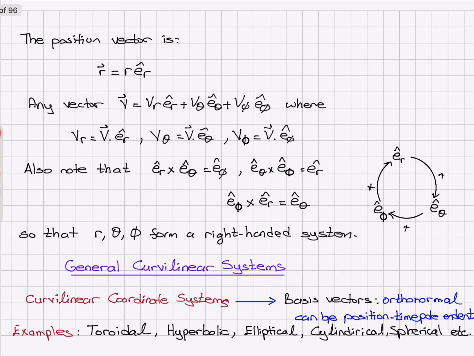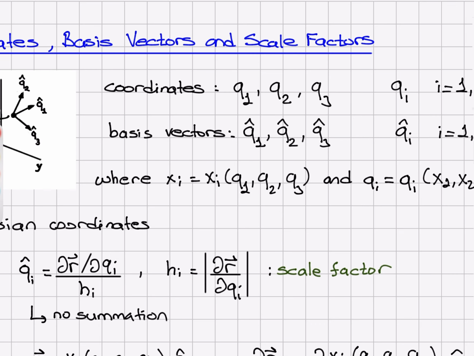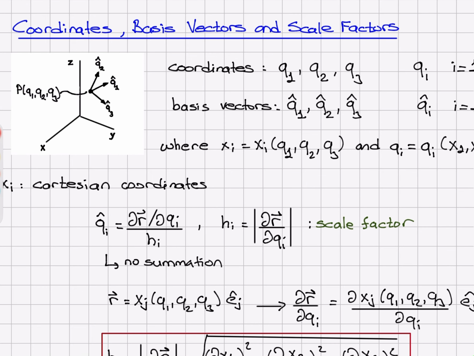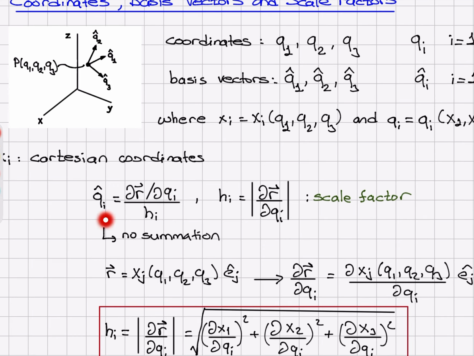Okay, so we talked about general curvilinear systems, other examples, toroidal, hyperbolic, elliptical, etc., where we have orthonormal but position dependent basis vectors, and the generalized curvilinear coordinates are qi, basis vectors are qi hat, and the transformation between curvilinear coordinates and Cartesian coordinates are given by these equations. And the qi hat is basically the variation of the position vector with qi divided by its magnitude, which we call the scale factor. And there is no summation here.